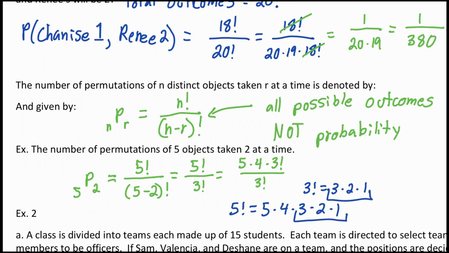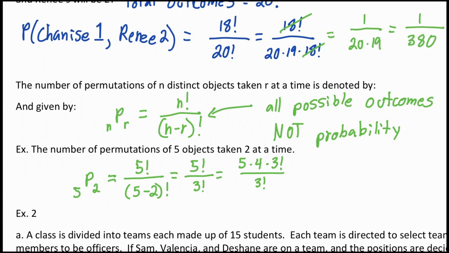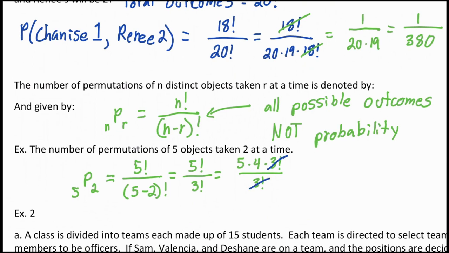So that's why I can do 5 times 4, and I can replace this with 3 factorial. It just helps us to simplify it. Okay, so now these are going to cancel, and so really I'm just getting 5 times 4. So how many outcomes can I have? 20. If I have 5 objects and I take them 2 at a time, I've got 20 different outcomes.